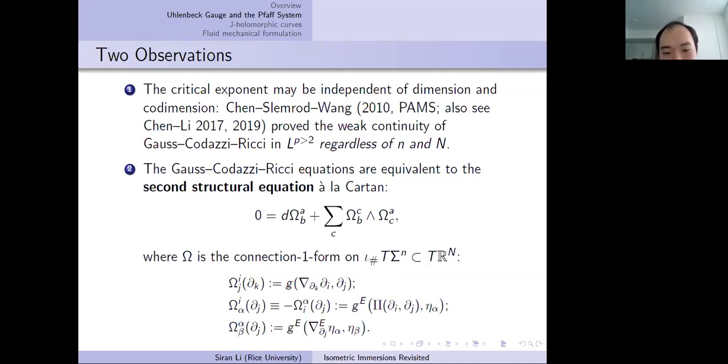This capital Omega here is the connection one-form on the tangent bundle, defined by putting the Levi-Civita connection on T Sigma and on the normal bundle together, with the off-diagonal entries being the second fundamental form. And this Omega is a one-form taking values in the antisymmetric matrices.